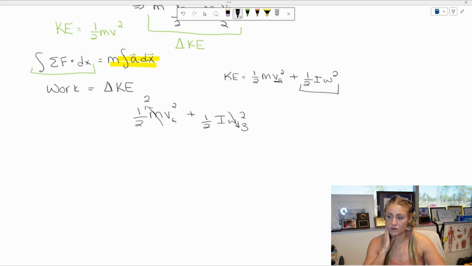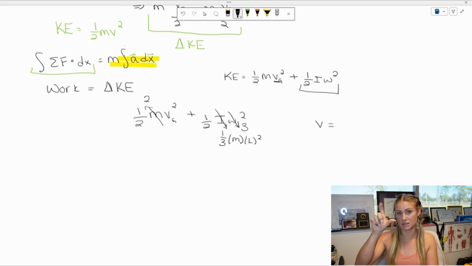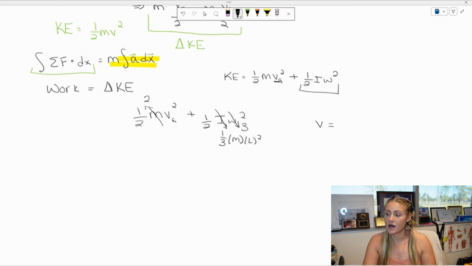We also know a little bit about I because, just like before, it's rotating about the end, so that's 1/3 mass times length squared. And then this velocity, because it's in pure rotation about that point, velocity equals r omega. R is, so we had this as our diagram here.